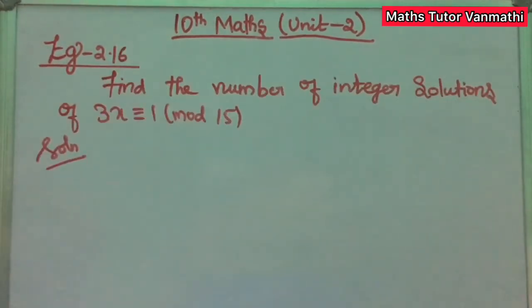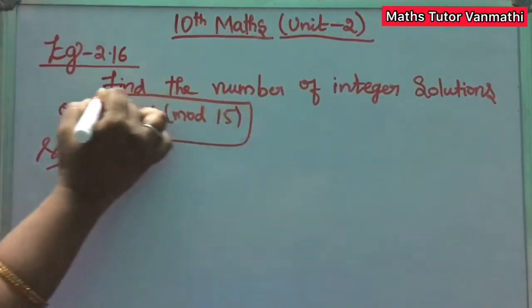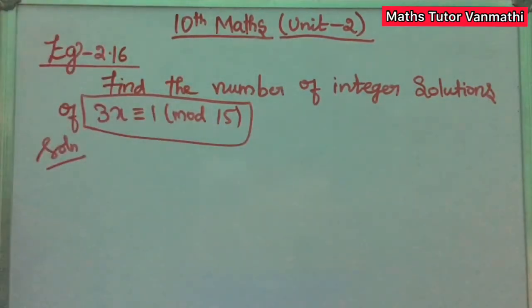Next is example 2.16. Find the number of integer solutions of 3x is congruent to 1 mod 15. For this we are going to find the number of integer solutions.